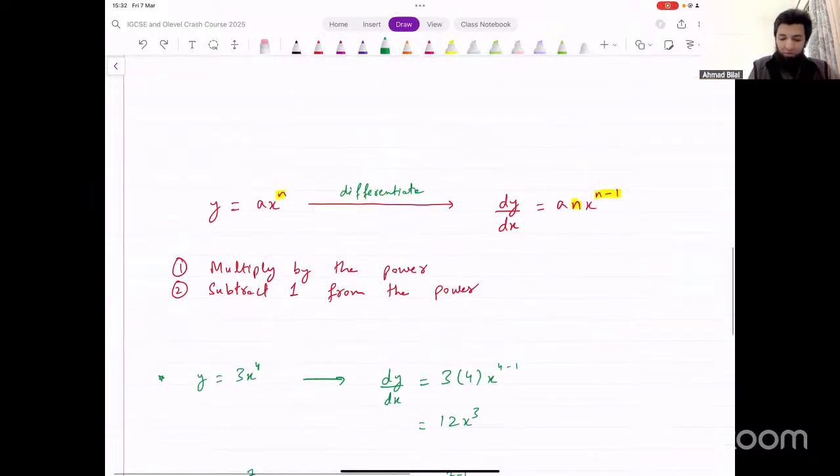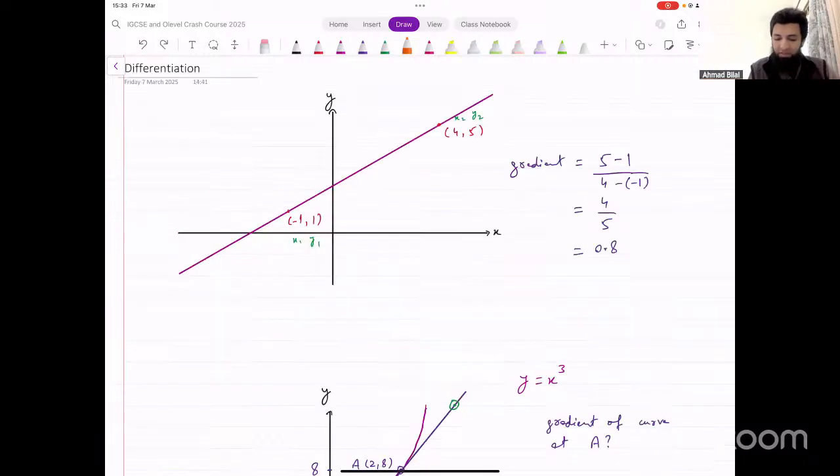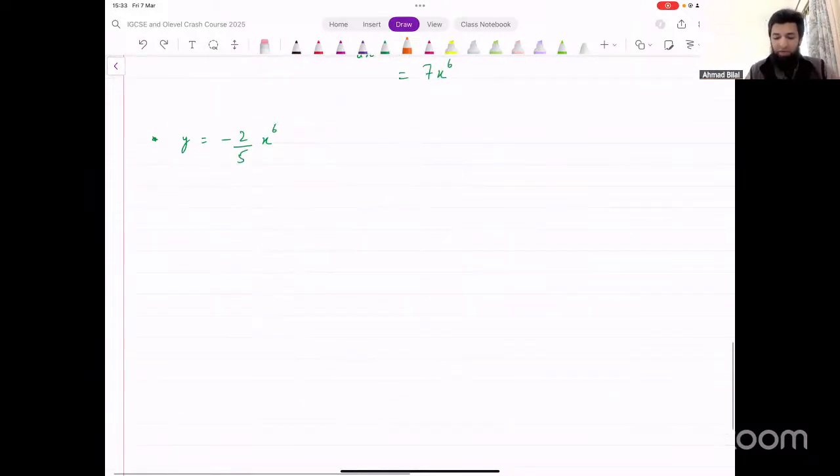So you see in the rule that we had there, the constant a remained unchanged. So we do not apply the rule on the constant that's multiplying or dividing outside. That constant remains as it is. These two steps are only going to be applied on x power n. On that, the rule is that you multiply by the power and you subtract 1 from the power.